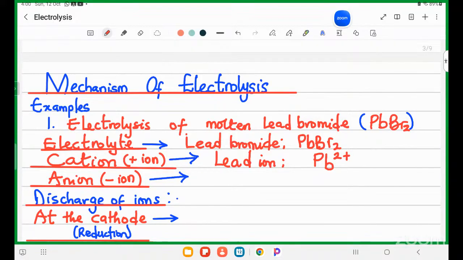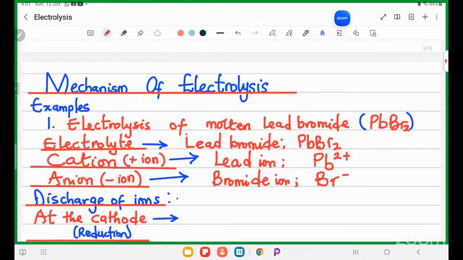Then what's the anion in lead bromide? Br minus. What's the name of Br minus? Bromide ion. All right. So you write it as Br minus.